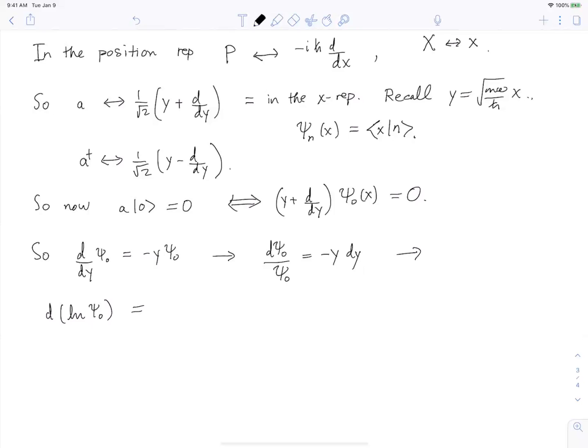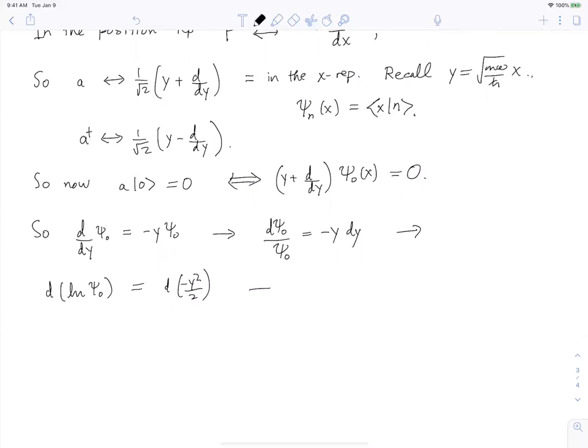On the right-hand side, we have the differential of minus y squared over 2. Now we can integrate both sides to get the logarithm of the ground state wave function is minus y squared over 2 plus a constant of integration, which I'm going to cleverly call the logarithm of another constant. It's a constant, so it doesn't matter what I call it.